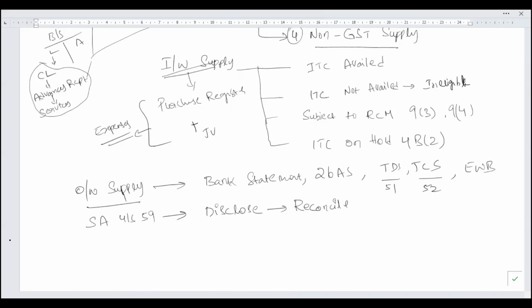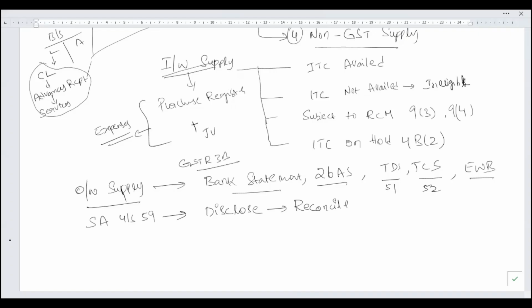So by default, whenever we do the GST filing, the expectation from the GST officer is that the turnover you have disclosed, what your e-way bill shows, what your 26AS is, or what receipts you have in your bank statement should match with your GSTR 3B.